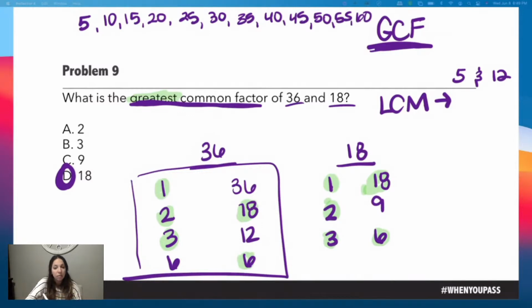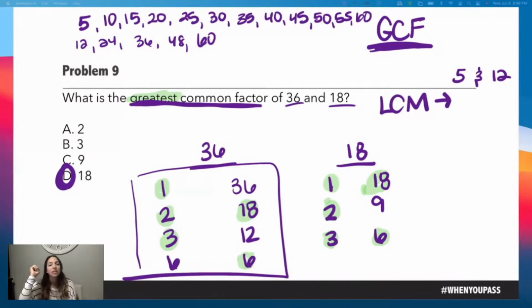Then I would list out the multiples of 12. 12 times 1, 12 times 2, 12 times 3, 12 times 4, 12 times 5. And I'm looking for the smallest number here. So the smallest number would be 60. Pretty simple problem. All right, we have time for one more.